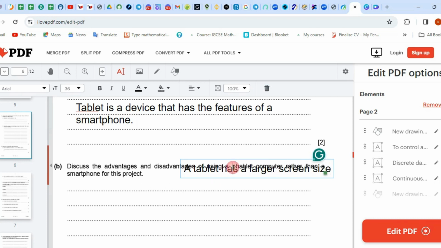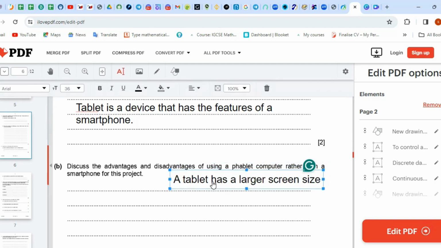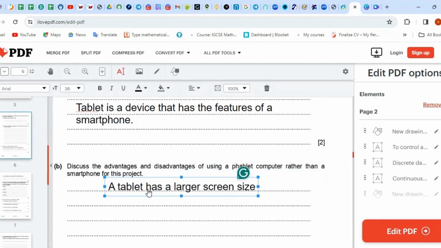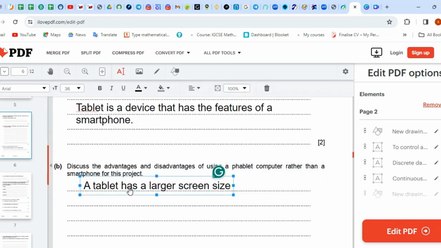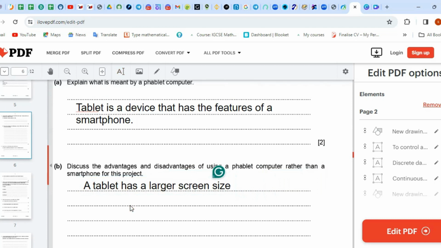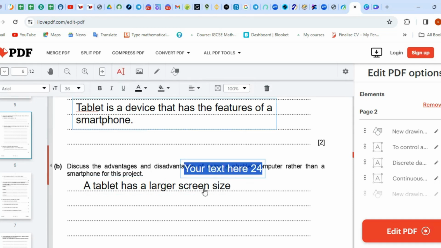A tablet has a larger screen size. So when you use a tablet that has a larger screen size, it will be easier for you to read whatever text or navigation or click that you have on your screen instead of a smartphone. All right, so this is one of the advantages of using a tablet over a smartphone.